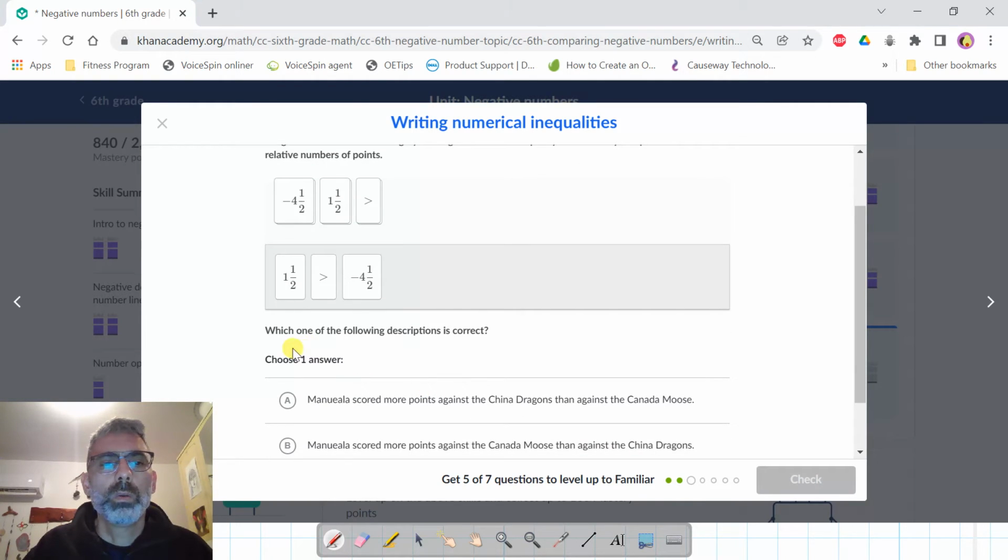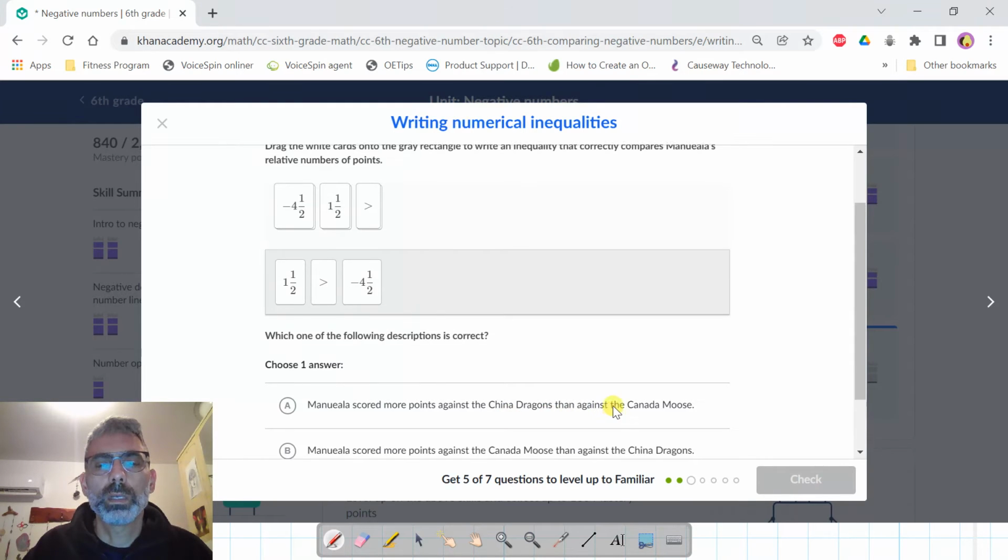Which of the following descriptions is correct? Manuela scored more points against China Dragons than against the Canada Moose.